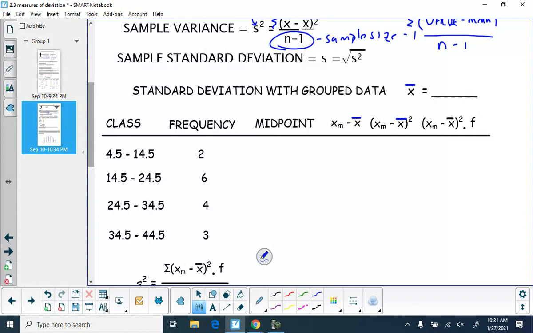Is that what we came down to? 24.8 was our mean. We still have our midpoints. Okay, let's see, we had 9.5, 19.5, 29.5, and 39.5.